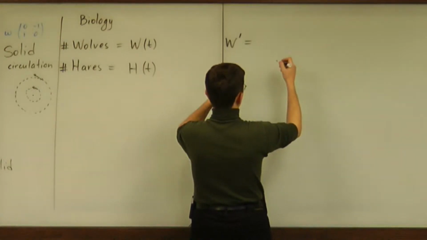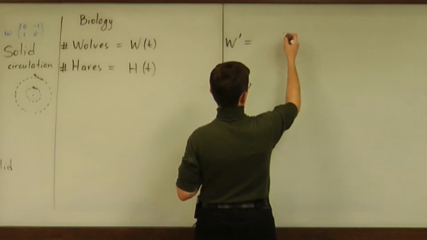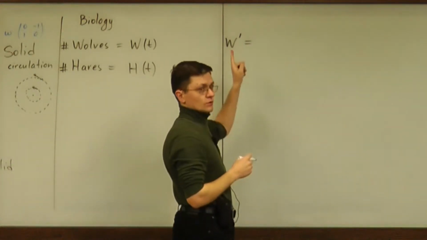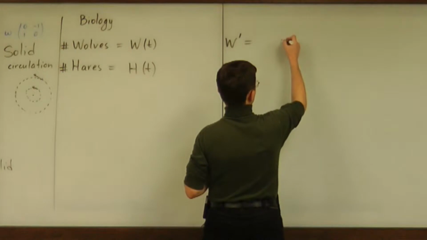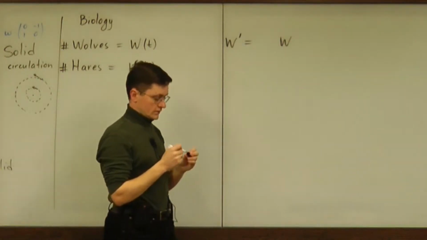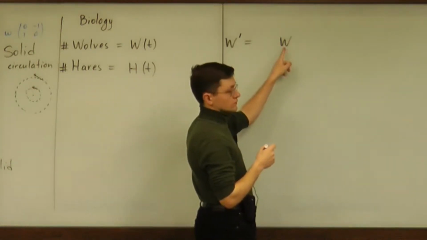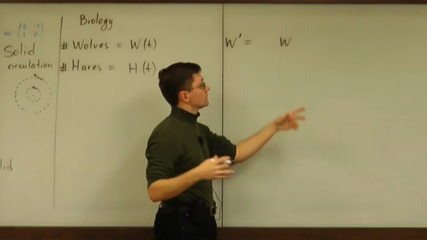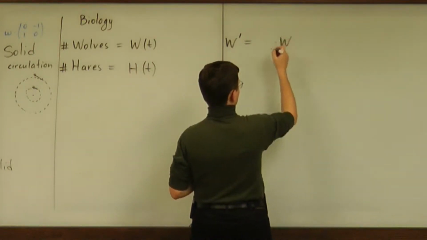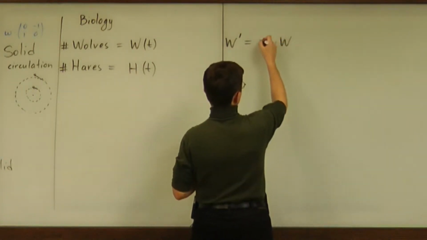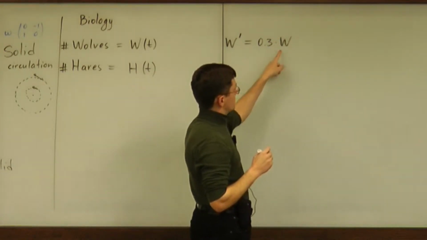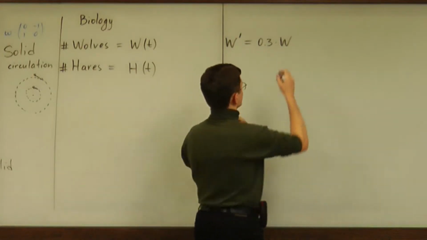And the first simple model would be to say that the rate of change of the population of wolves is proportional to the population of wolves itself. And why is that? Well, because the greater the population we have, the faster it grows, and the coefficient with that, let's say 0.3 to be specific, would be the birth rate of wolves.